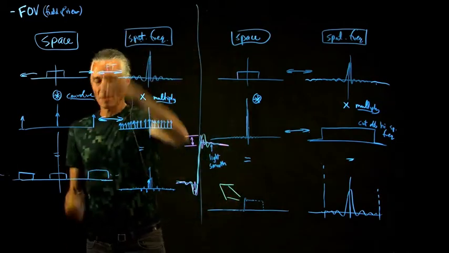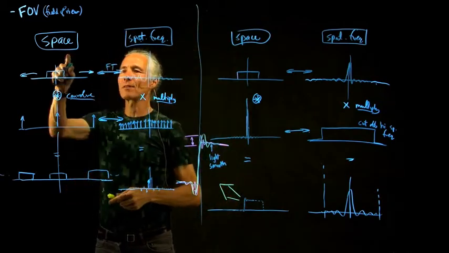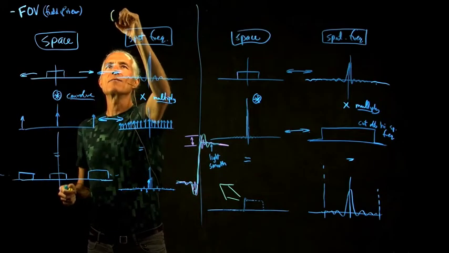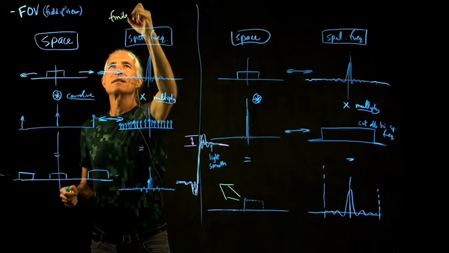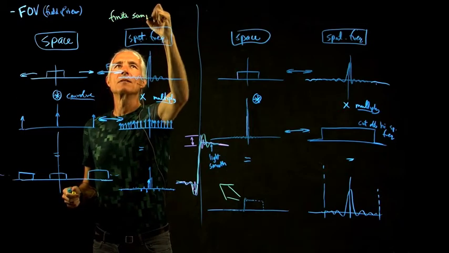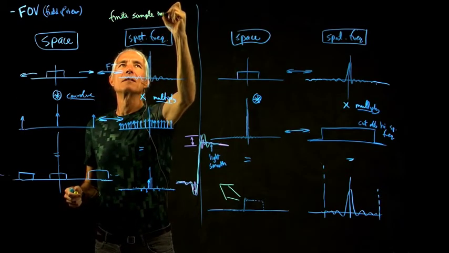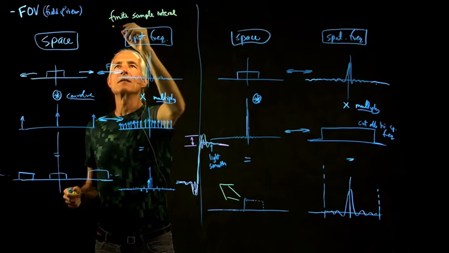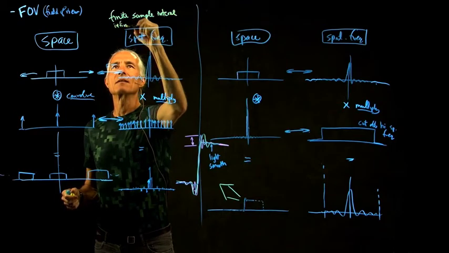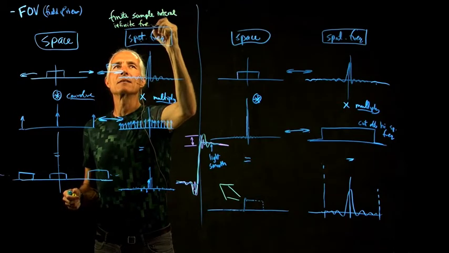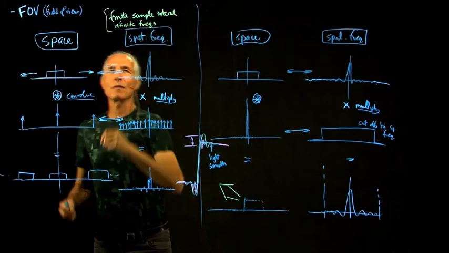So let's annotate this slide at the end. This one was finite sample interval, infinite freaks. So you go out to infinitely high freaks.